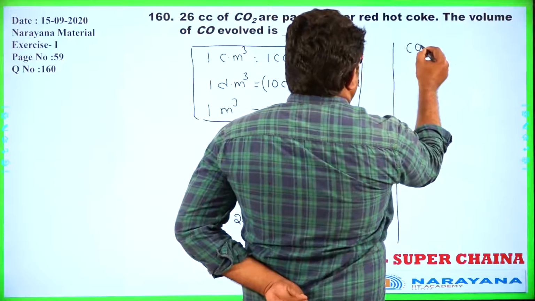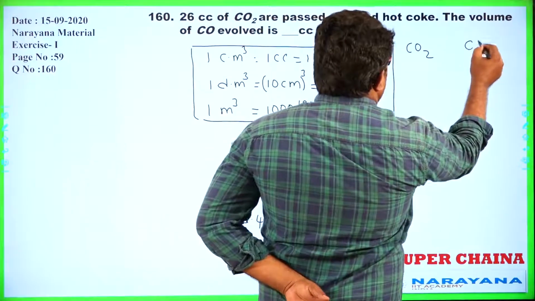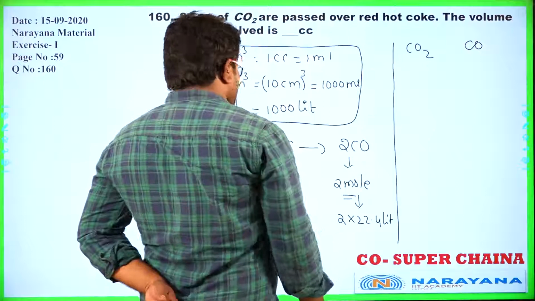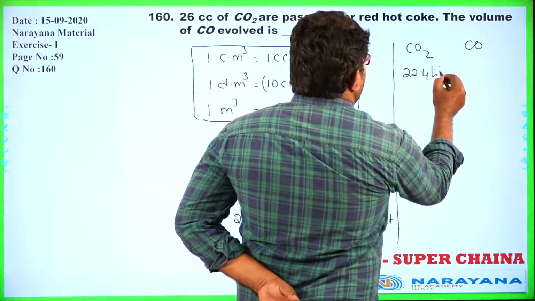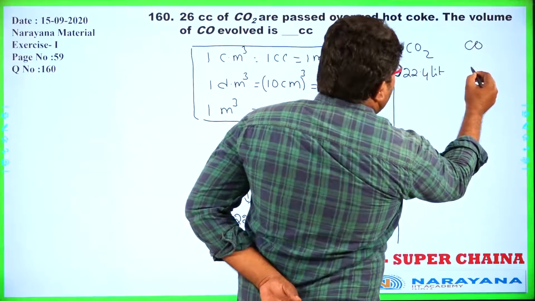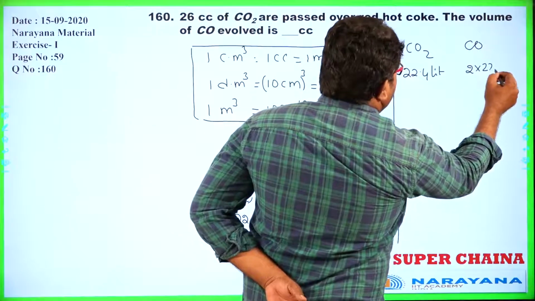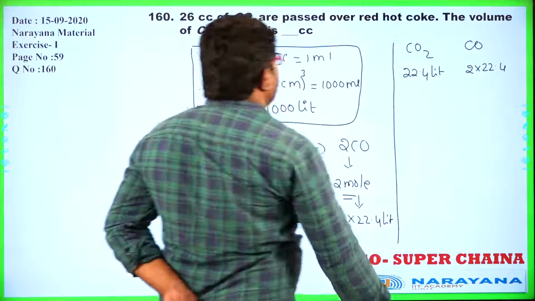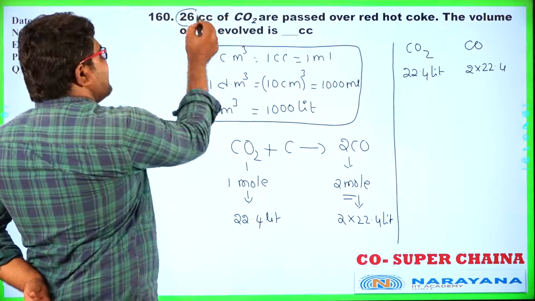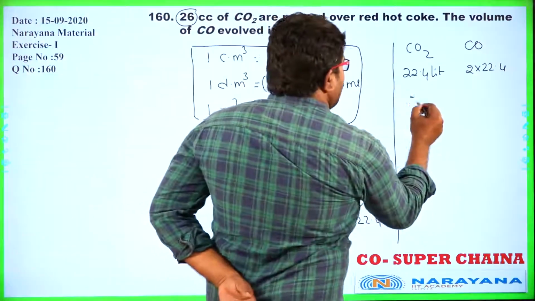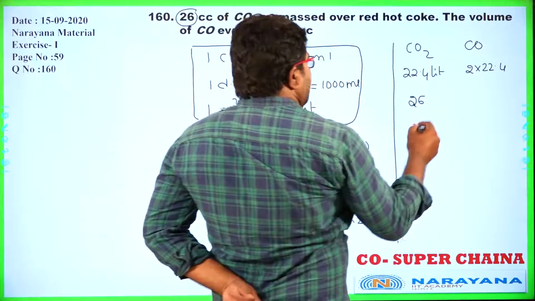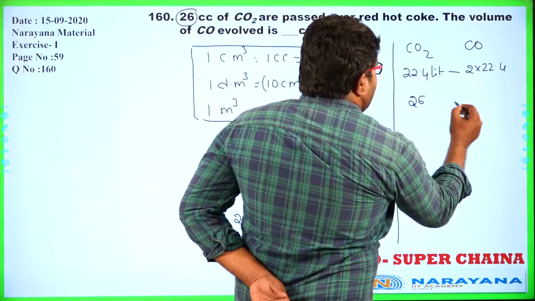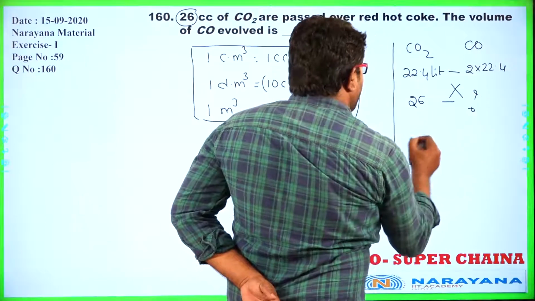I am going to compare the volumes of CO2 and CO. For 22.4 liters of CO2, 2 into 22.4 liters of CO is formed, but for 26 ml of CO2, how much CO is formed?